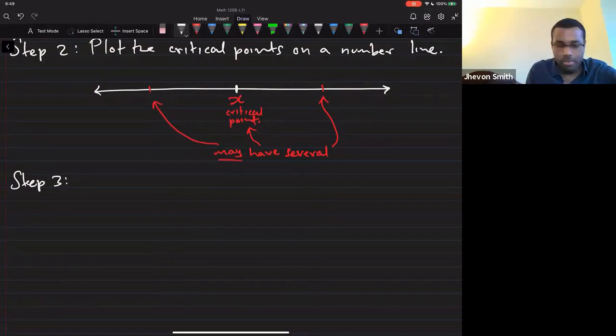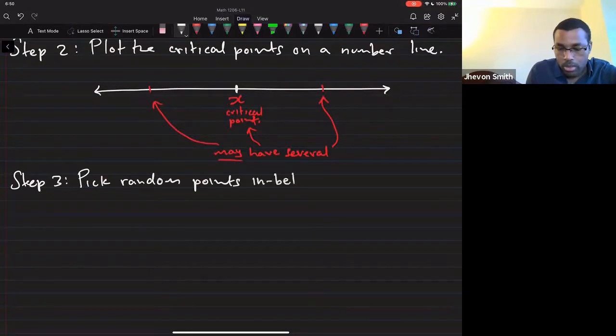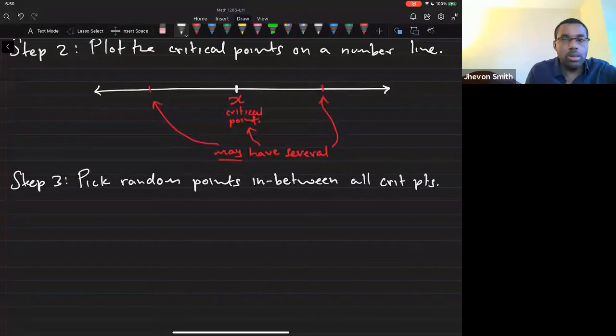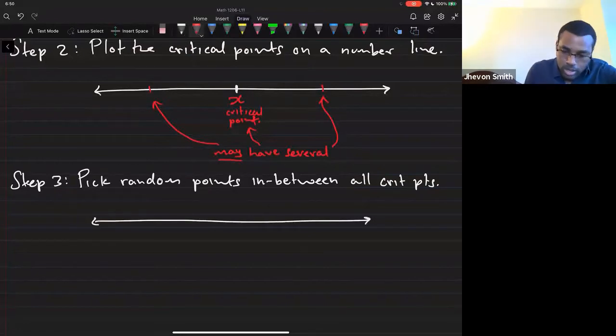So you're going to pick random points, and it can be completely random, in between all critical points. So you're going to pick some random point. So you're going to have, here's your critical point, X, critical point.